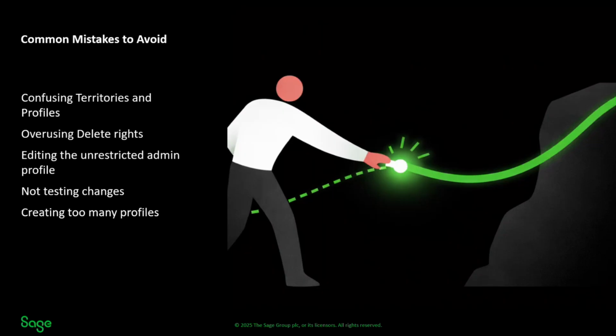The most common mistake is thinking that the profiles control visibility of data. The profiles really are restricting access to the actions within the user interface. So make sure that you are properly understanding the role of the territories and then the separate role of the profiles.